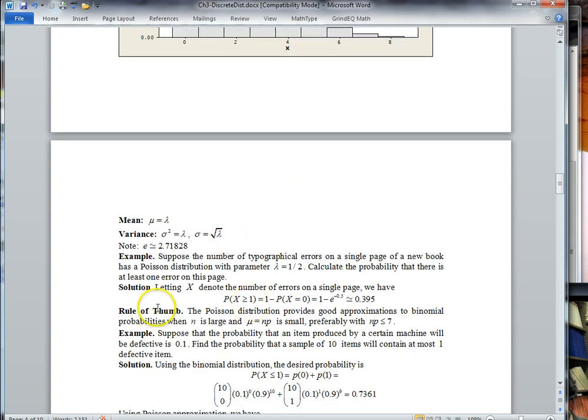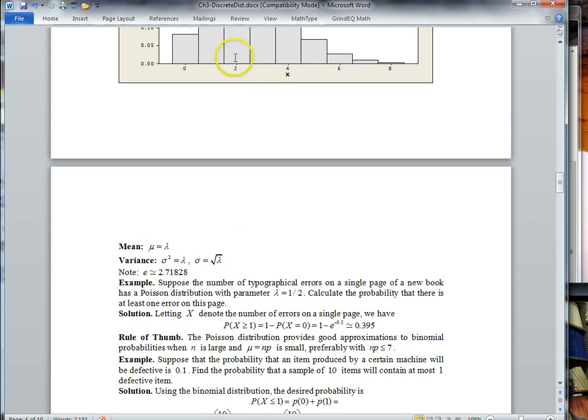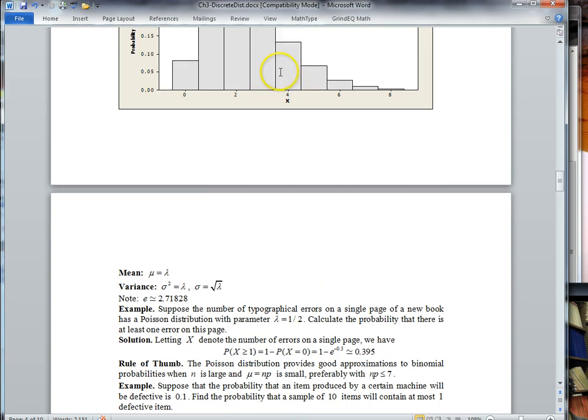So you're looking at a page and you ask yourself this probability question. What's the probability there's at least one error on that page? It means one or more. If we take the random variable x and let it denote the number of errors on a single page, then I'm looking at the probability of x greater or equal to 1, because that means I need to calculate p of x equal 1, 2, 3, 4, 5 all the way to infinity and add them up.